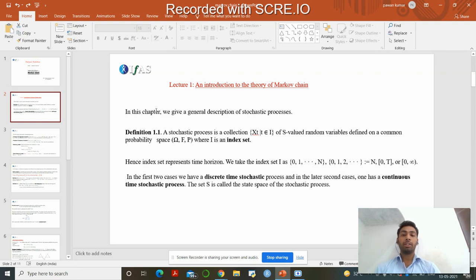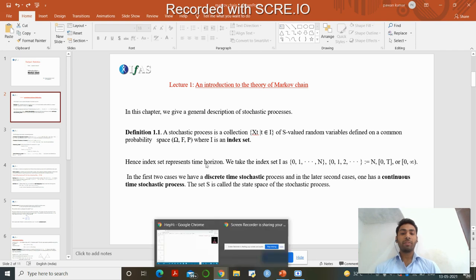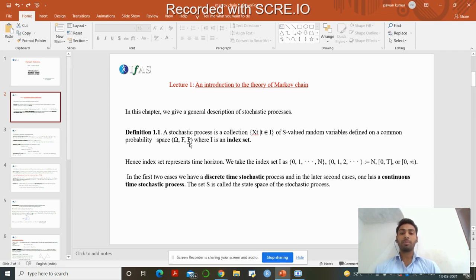So, the definition of a stochastic process. A stochastic process is a collection of random variables defined on a common probability space. As you know, the probability space is (Ω, F, P), where we take t from an index set I, which represents the time horizon.